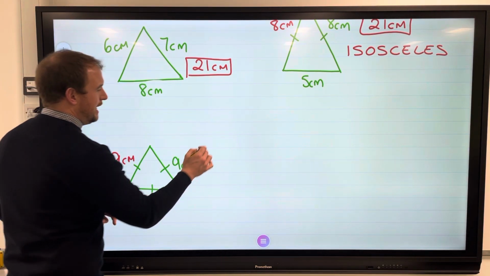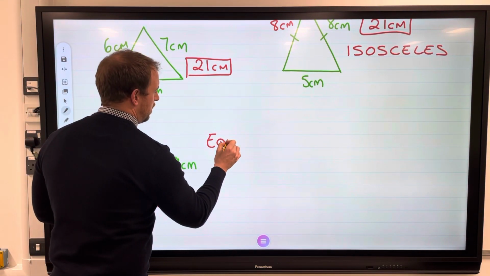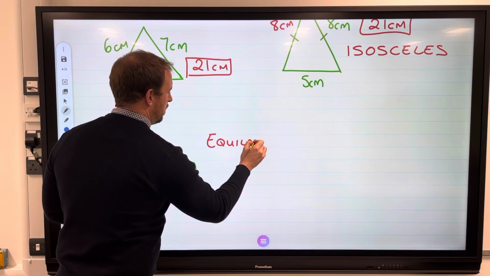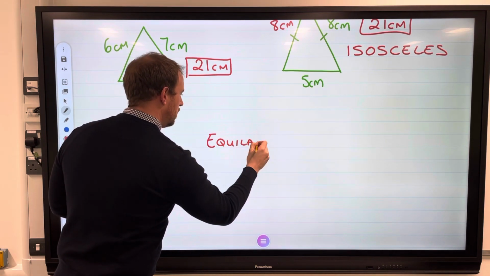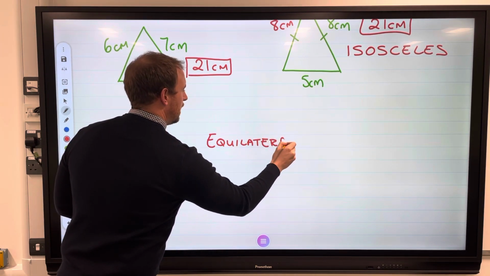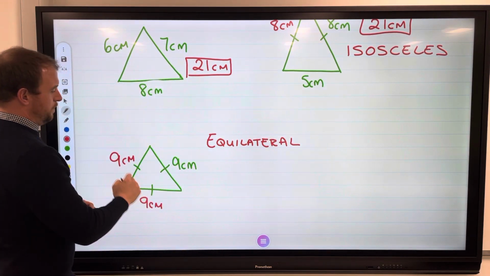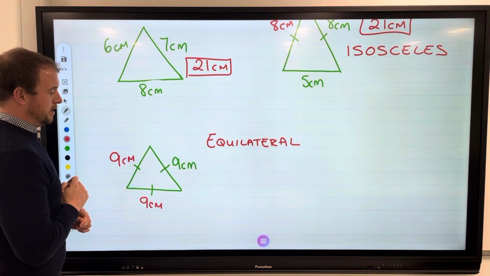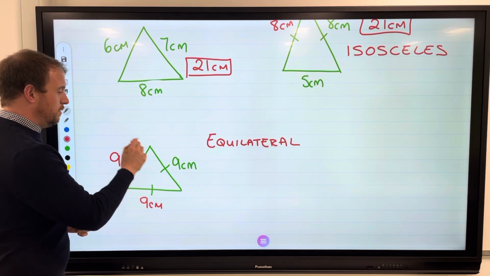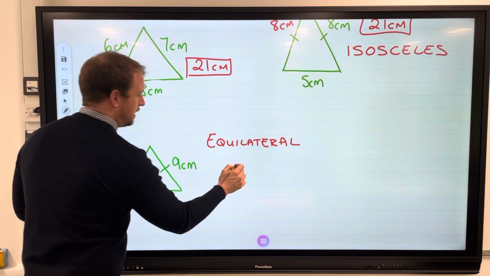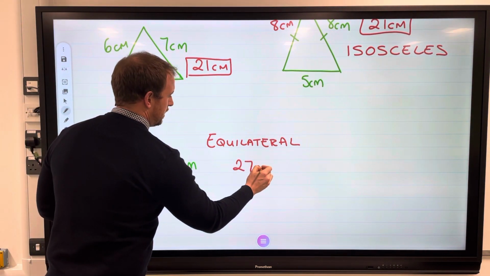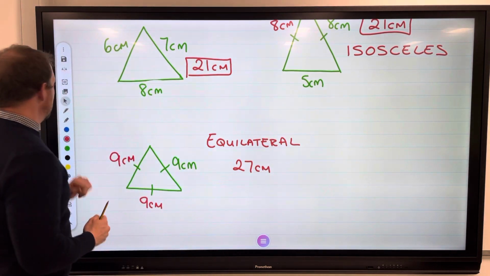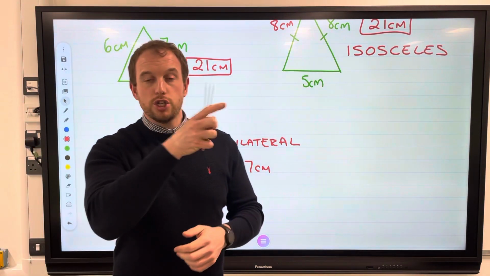This time it is an equilateral triangle, all of which the sides are 9 centimeters. So the total would be 9, 18, 27 centimeters. And that is perimeter, total distance.